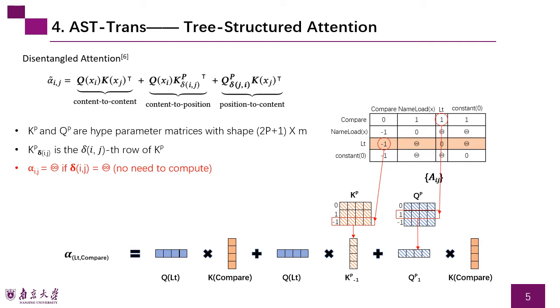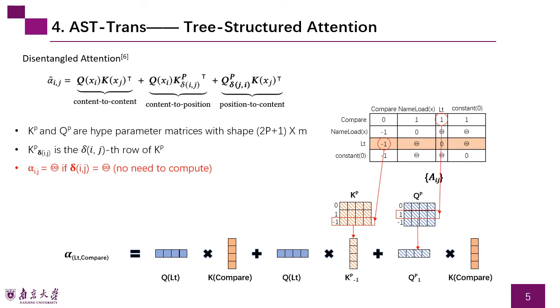Here we give an example. To compute the attention score between node LT and node compare, we first calculate the query vector of LT and the key vector of compare. Then we search the relationship matrix A and get the distance between LT and compare equals -1.